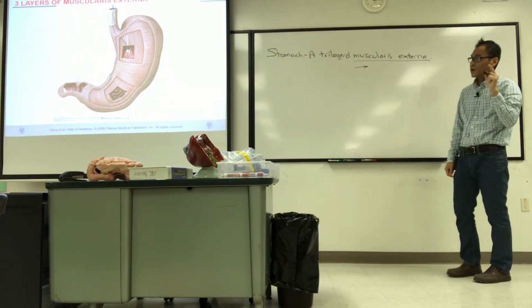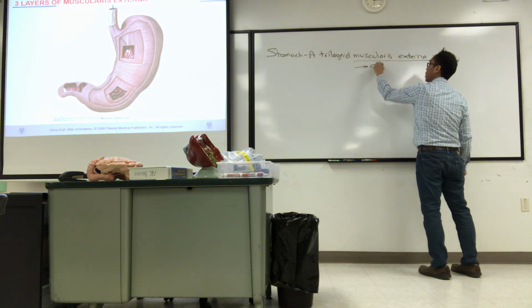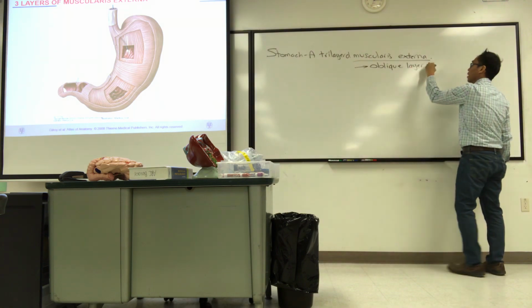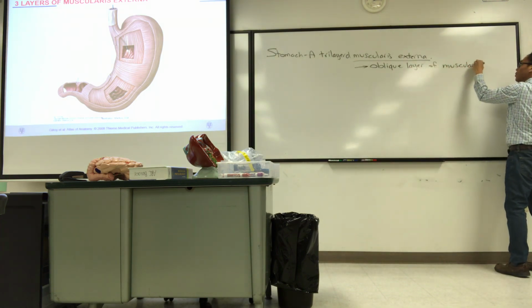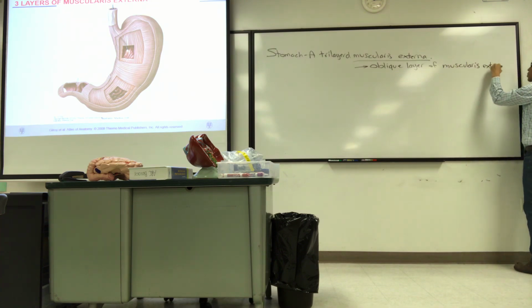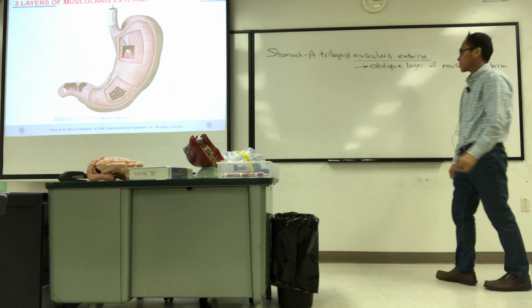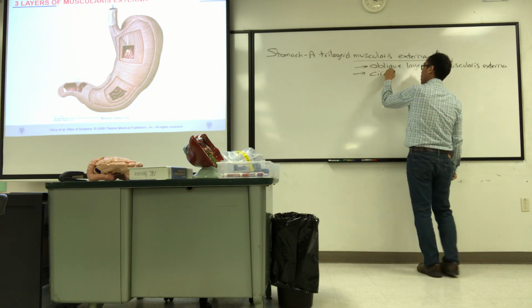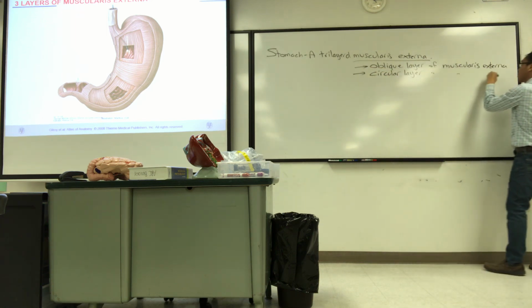So again, those 3 layers, going from inner to outer. The innermost layer is an oblique layer. Oblique layer of muscularis externa. Be sure to write it all out, okay, if you're identifying it. And then the layer external to that is a circular layer of muscularis externa.